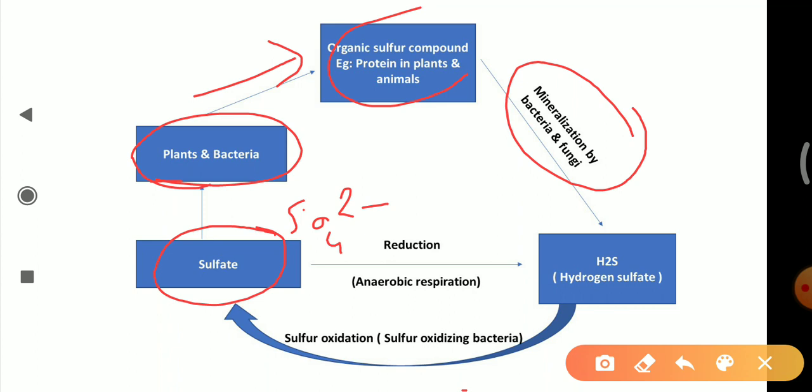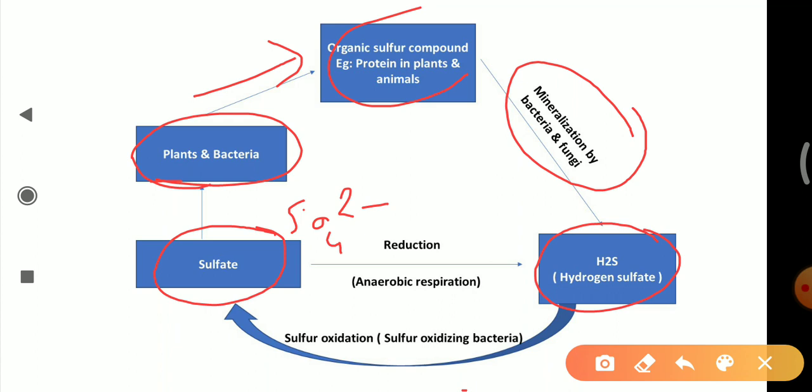Mineralization leads to H2S, SO3 minus, and elemental sulfur.